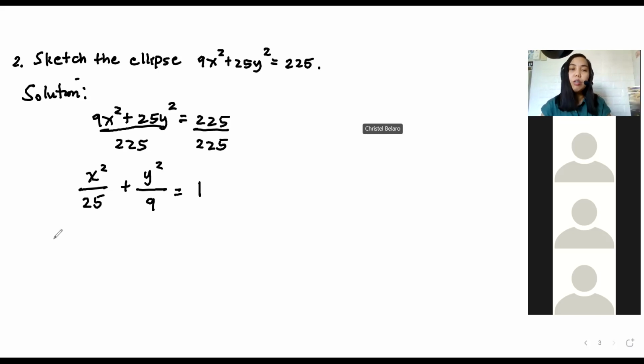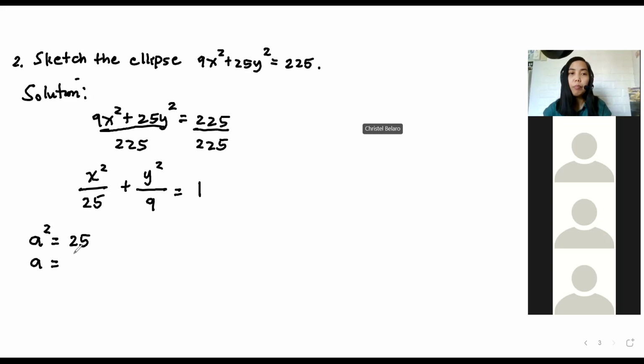So the question is, where are the vertices? Class, the vertices are on the axis with the larger value. So our a squared here is 25, because a is always greater than b and even c. So a squared is equal to 25. The major axis is on the x-axis.